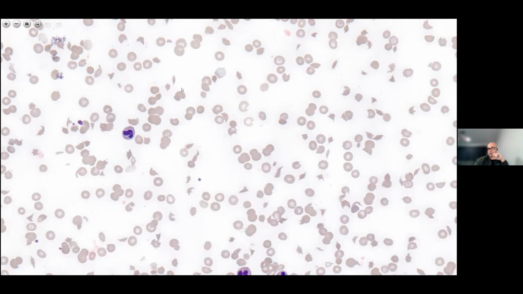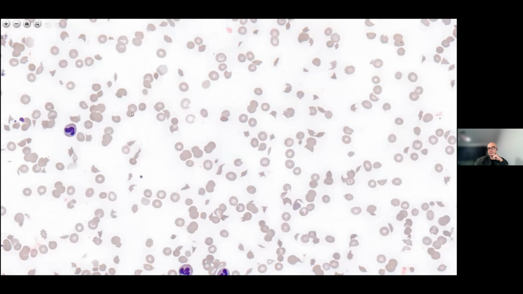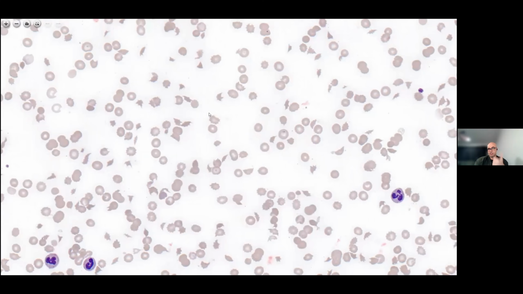However, we shouldn't get too carried away and forget to look at the white cells and the platelets, because in every single blood film review, a good morphologist should be reviewing red cells. What are the significant morphologies we're seeing? If there's none, should we be reporting these minor morphologies that we might see that might not have any clinical usefulness to the clinician referring for the full blood count?